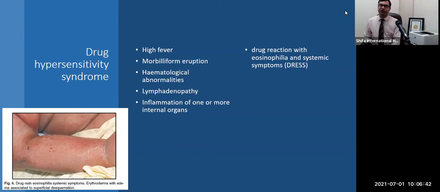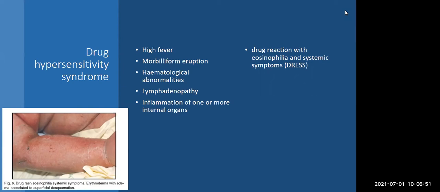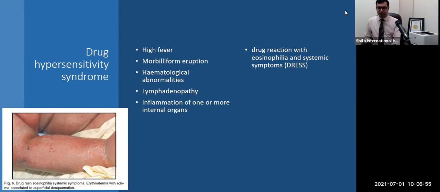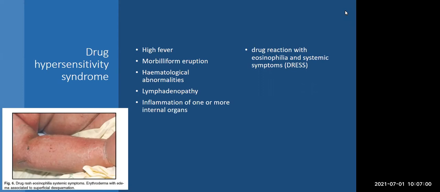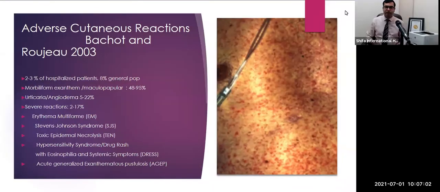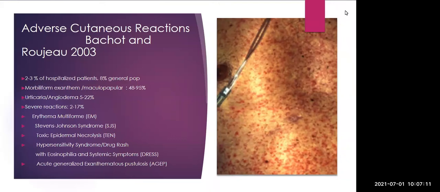Now, it's a significantly heterogeneous skin presentation, drug hypersensitivity. So there is no diagnostic clue apart from going through the whole history and examination and then putting the pieces together. Adverse cutaneous reactions usually constitute 2 to 3% of hospitalizations. The most common presentation is maculopapular rash.